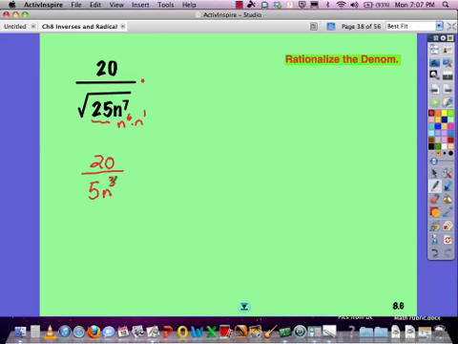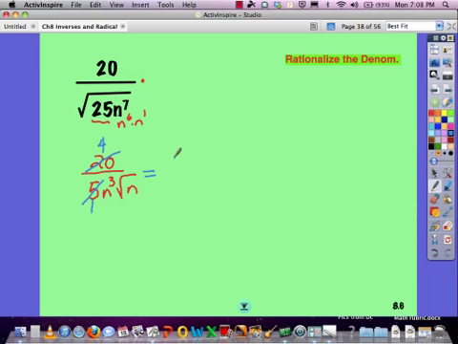That's okay, but I can't have a radical, and it looks like we still would have one. So we got a couple things we can do from here. Let's clean it up just a bit more. If we went and said, hey, 5 goes into 20 4 times, we'd leave the n to the cube, or n to the third on the bottom.